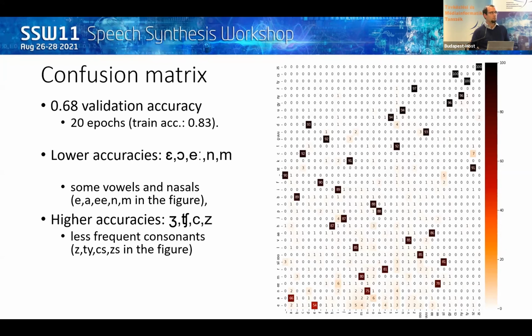Also, some of the stop consonants which involve bilabial information, like the lips, which is not included in the ultrasound. Of course, that's impossible to recognize just from the ultrasound. So they are also mixed up in the ultrasound to text conversion. So we can see that it's mostly working with 0.68 validation accuracy, but still there are a couple of errors in the recognized text.